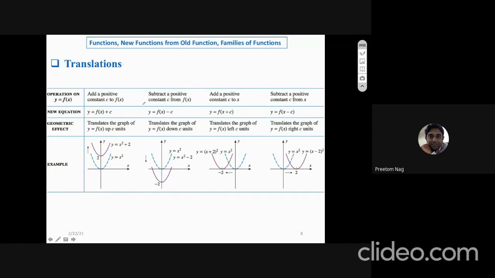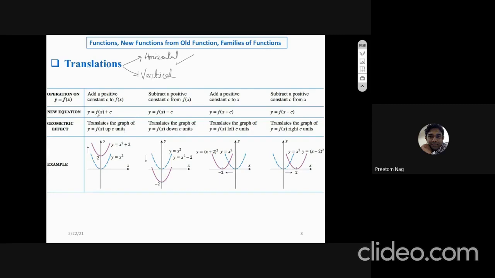So in that case, we can discuss the translations of the graph. So there are two translations. One is horizontal translation. Another one is vertical translation. For the case of translation, how can we understand whether the original graph will be translated horizontally or vertically?